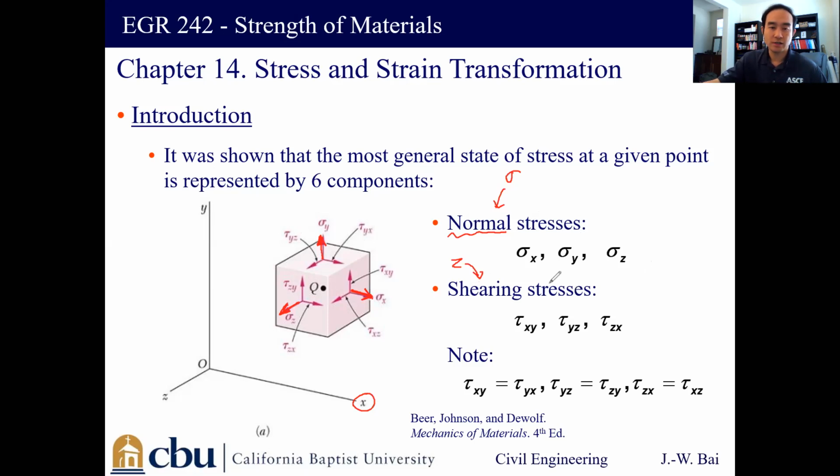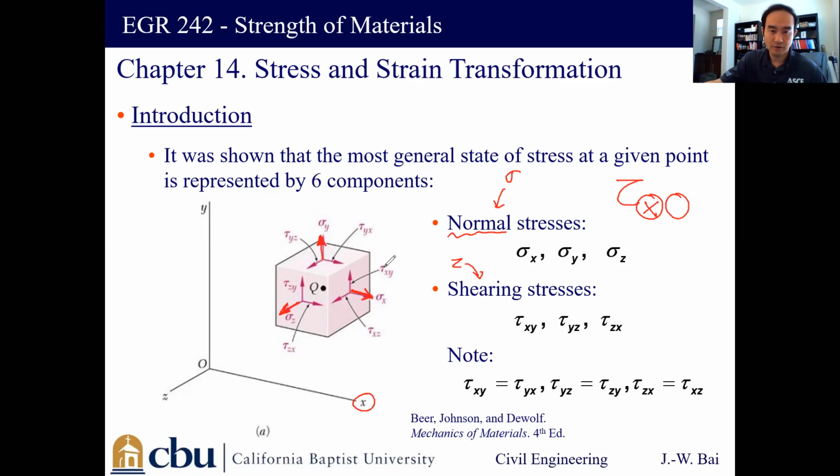Now for the shearing stresses, here is the naming rule. We have tau with two subscripts. The first one depends on which plane you are on. Let's say this plane is perpendicular to x, so we put x first for all the shear stresses on this surface.